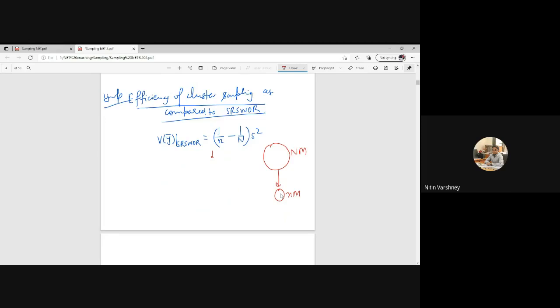So if I replace this, the variance of y bar, just to compare, we will make it similar. So this is my population size, sample size, 1 upon n minus 1 upon capital N into m S square. And the variance of y bar n dot in case of cluster sampling is 1 upon n minus 1 upon capital N into SB square, isn't it? So we will compare both.